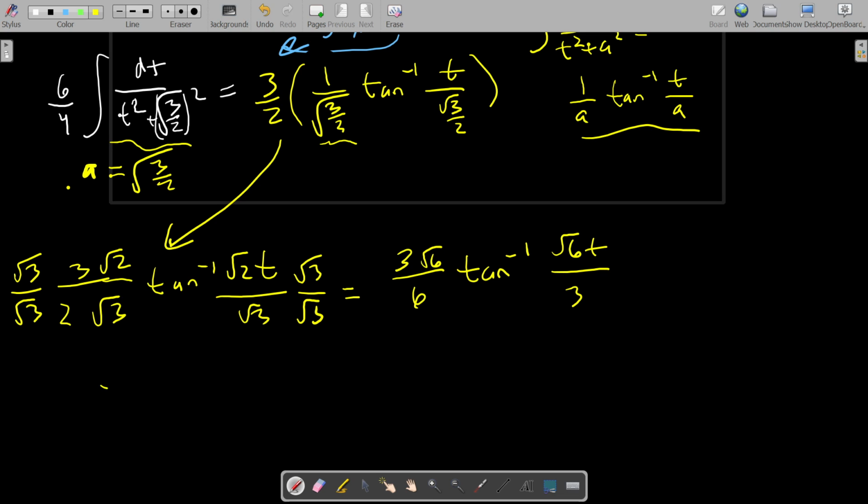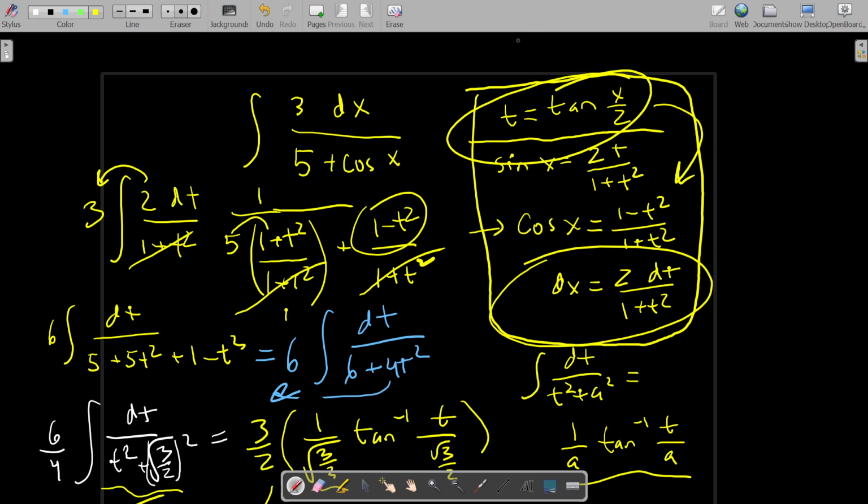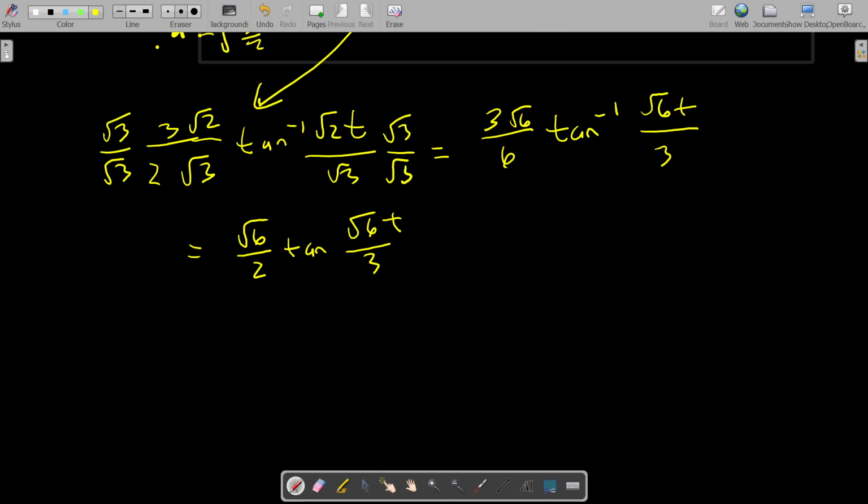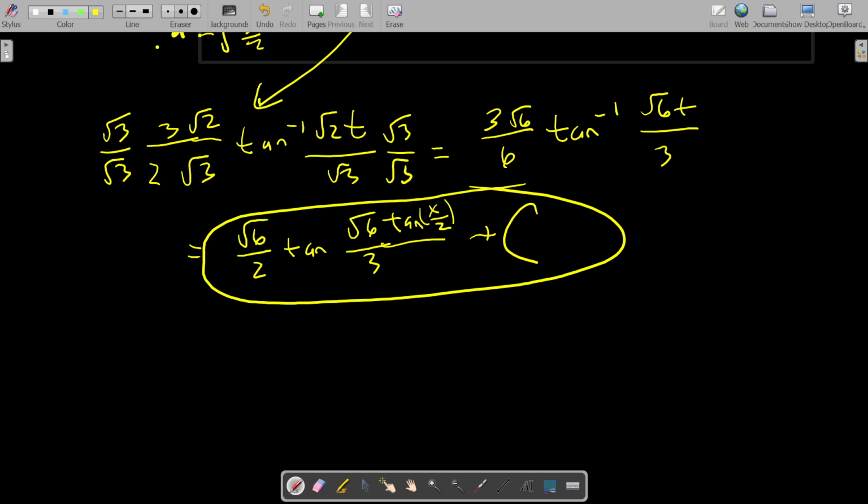And then finally I'll write this as square root of 6 over 2 tan inverse square root of 6 over 3, but we will remember that our t is actually tan of x over 2. We can write this as tan x over 2. A little messy, plus C, and then we're done.